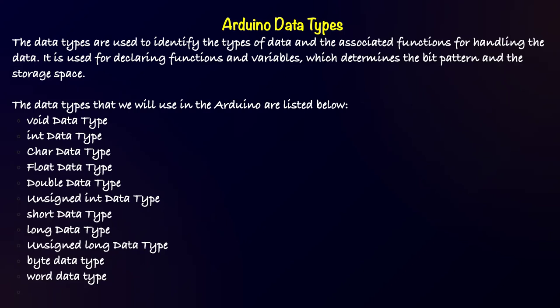Then comes double data type. Unsigned int data type. This you might not have used till now. Short data type, long data type, unsigned long data type, byte data type, word data type. So these are some of the data types that are currently in use in Arduino. Let us study about these data types.